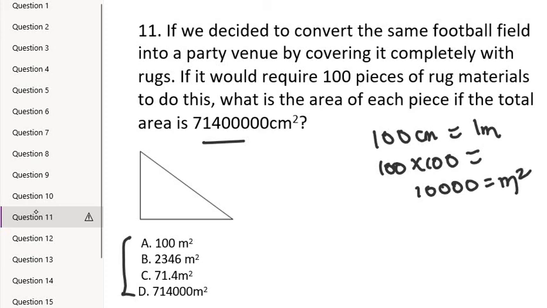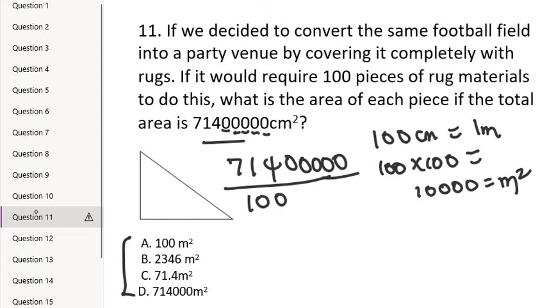So I'm going to divide 71,400,000 by 10,000 to convert to meter square, since that is the unit of the option. So I'm going to have 7140 meter square.